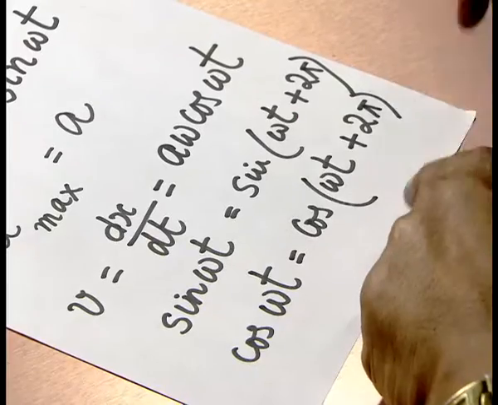There may be other associated angles which may singly satisfy the sine equation, or singly satisfy the cosine equation, but only with plus twice pi do both get satisfied.